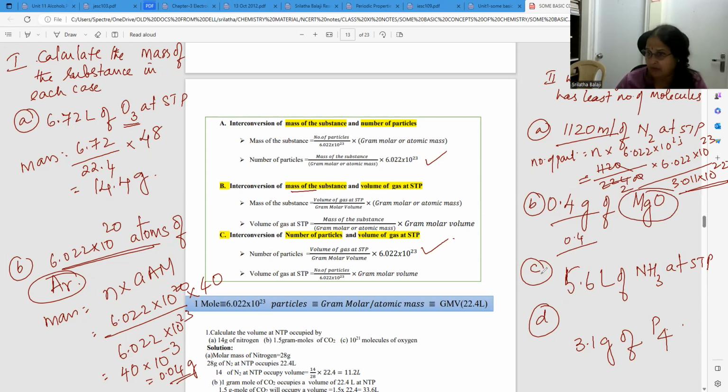Yesterday we did this. So magnesium is 24 plus oxygen is 16. How much is it? 40. 40 into 6.022 into 10 power 23.